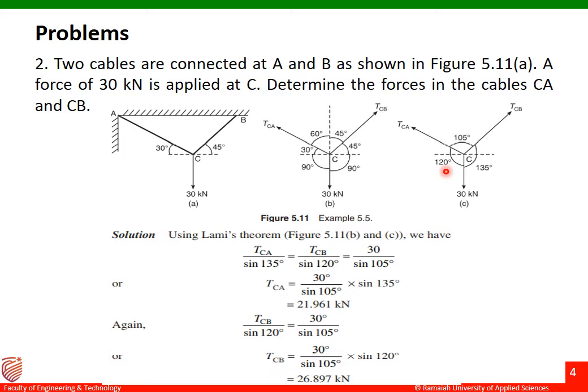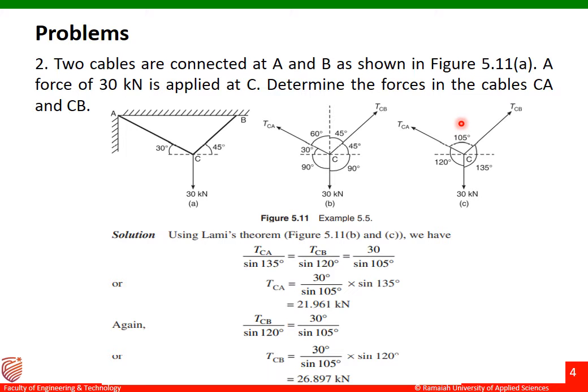Let us find the angle made by TCA and TCB, that is this angle here. Suppose we extend a dotted line here, like this. If this is 45 then this would be 45, and if this is 30 then this would be 60. 60 plus 45, we get the angle between TCA and TCB as 105 degrees.